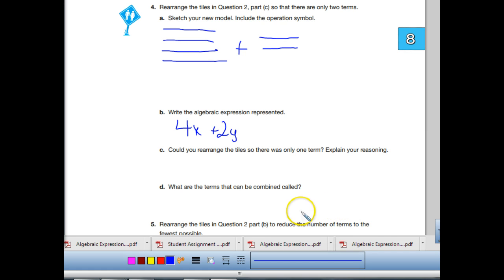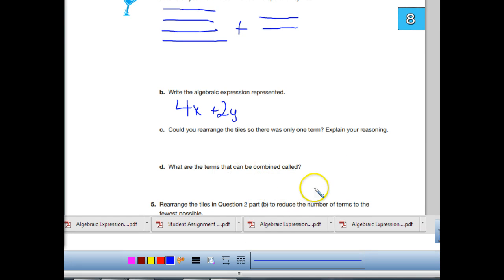All right, they want you to go back to part B. So when I look at part B, I notice that I have 2 plus x squared plus y squared plus 1. So they want the fewest possible. So if I'm going to combine this, because it asks you to rearrange the tiles, it looks like I'm going to have an x squared. I'm going to write this right over here because I'm kind of out of room.